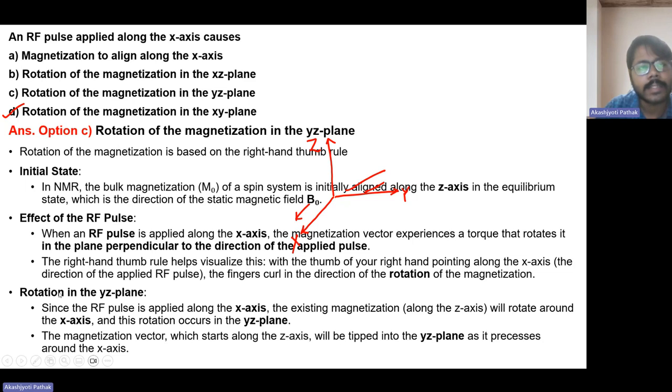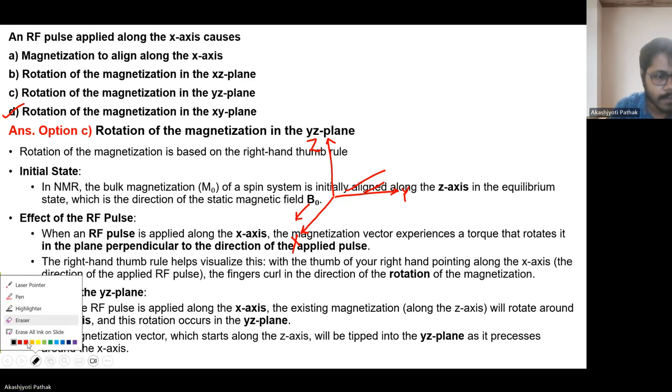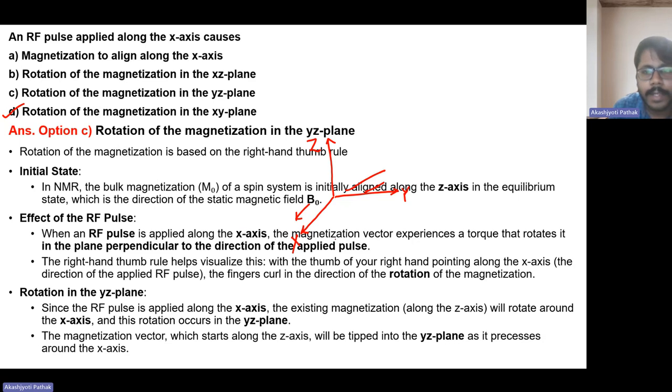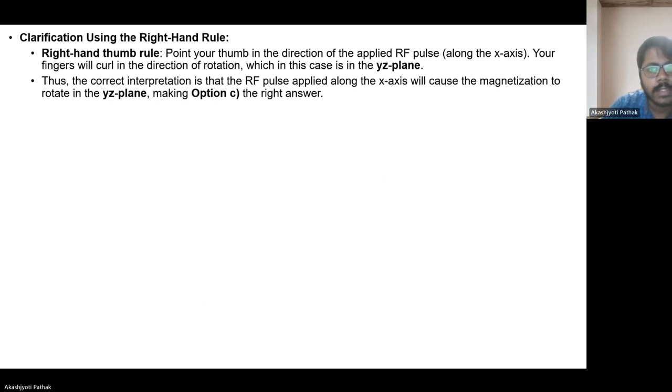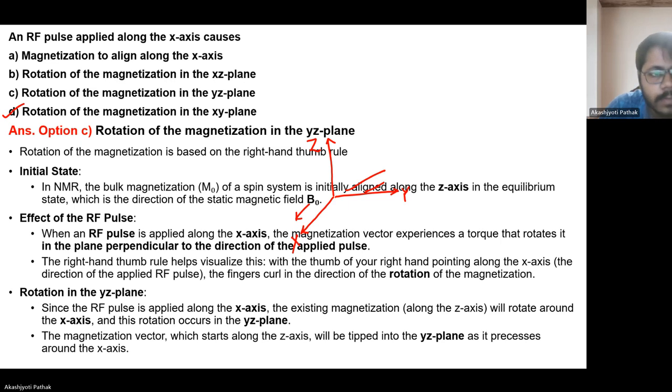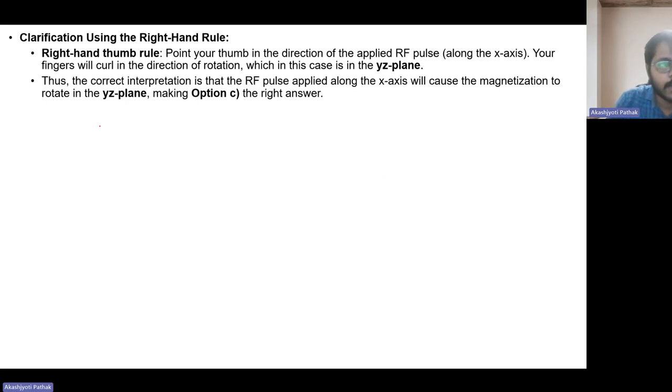Because of the application of the external RF pulse, what does it do? This is what you'll have to remember, the right hand thumb rule.